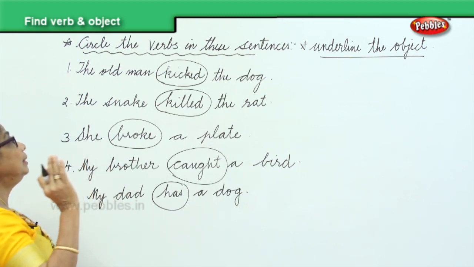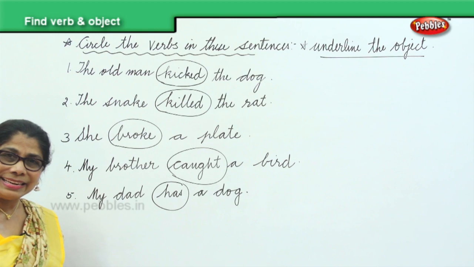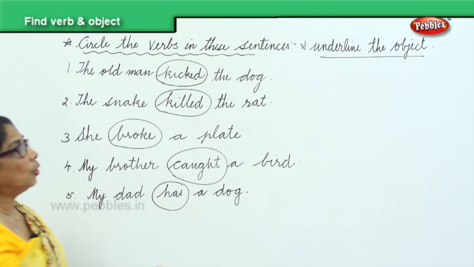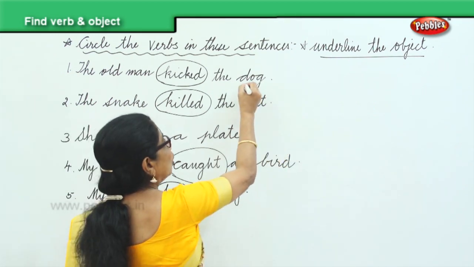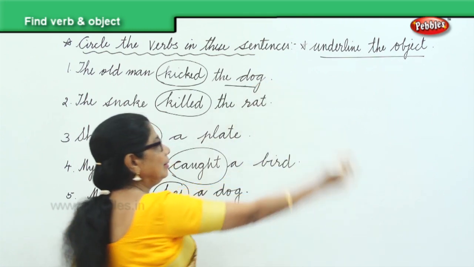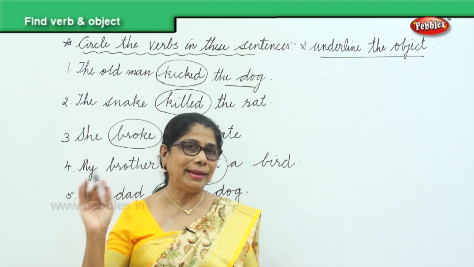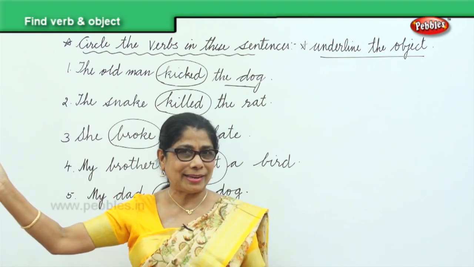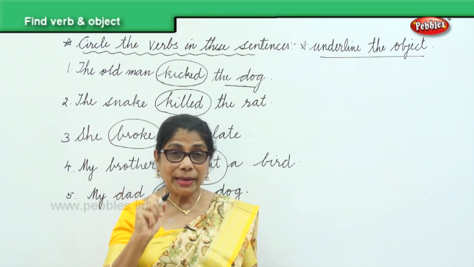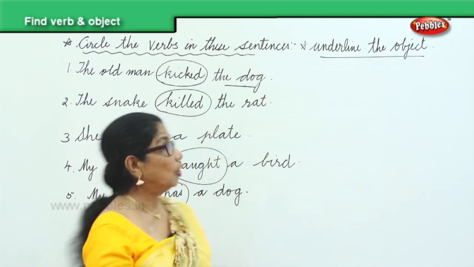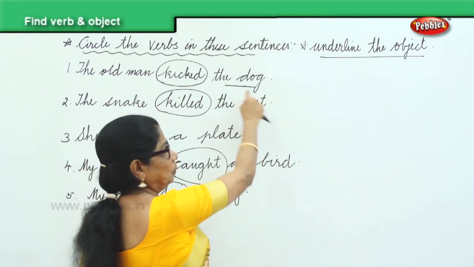Here, the old man kicked the dog. Now, what object? Dog. So you underline. What did the old man do? Old man kicked. Old man is the subject. Verb, kicked. Which object? The dog. So you underline the object.